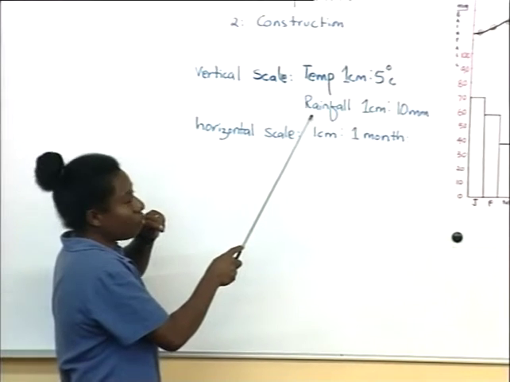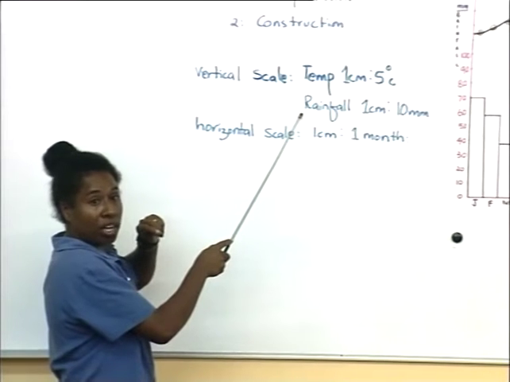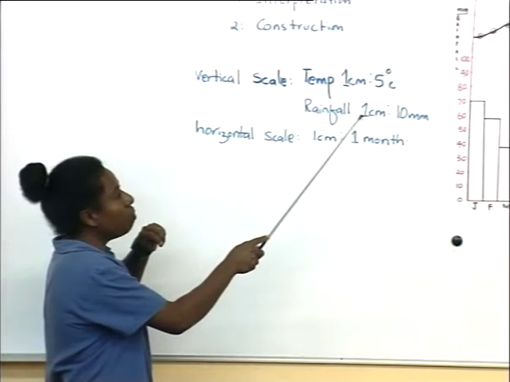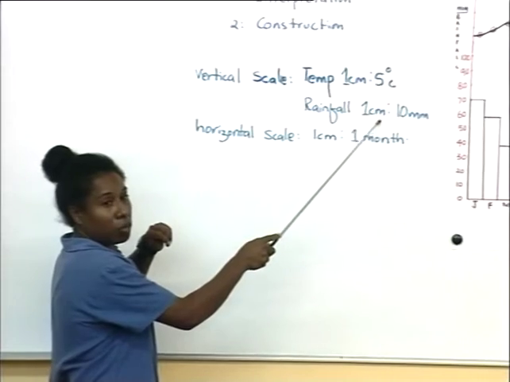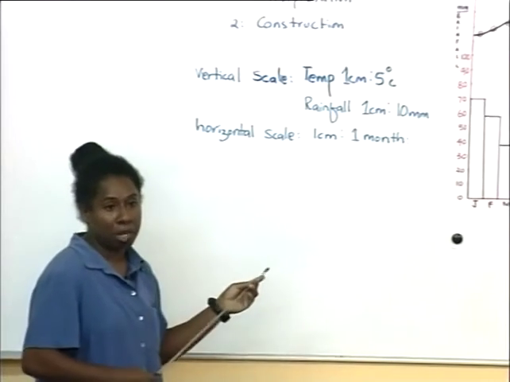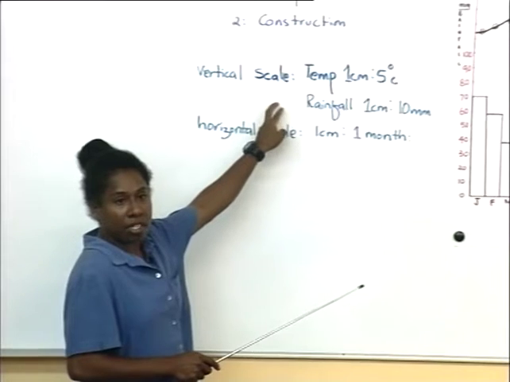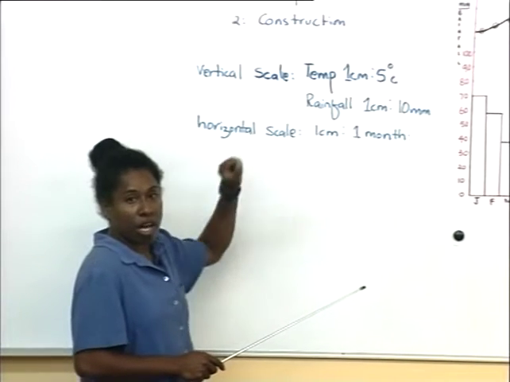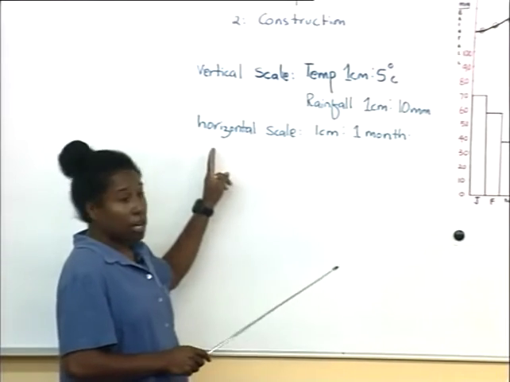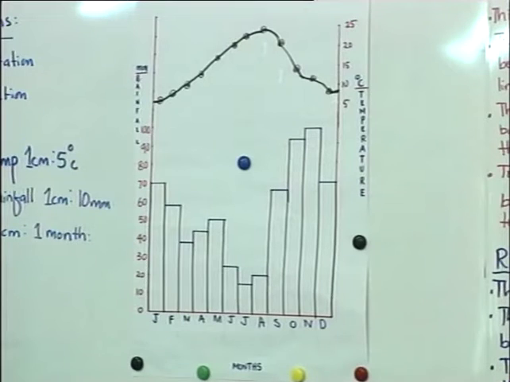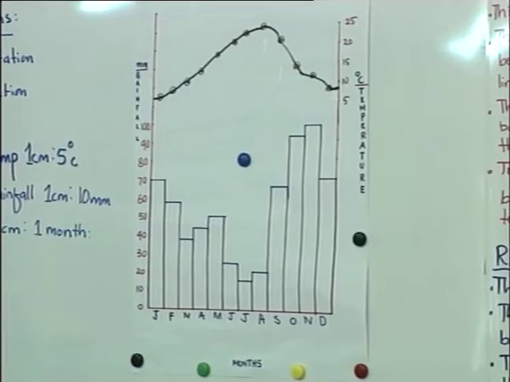Then we also looked at rainfall to also be plotted on the vertical scale, and we agreed that for every 1 centimeter, it will be equivalent to 10 millimeters. So these were part of our planning, and these were the scales that we came up with for our vertical axis. The horizontal scale, we decided that for every 1 centimeter we go across, it will represent 1 month.